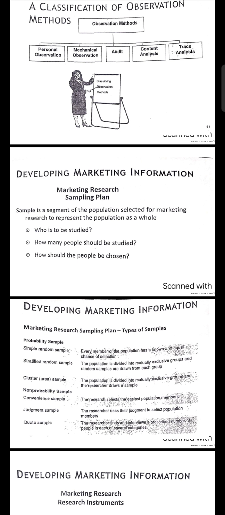So when you come to sampling, you decide who is to be studied, and how many people should be studied. That is the question of who and how many. And the third one: how should the people be chosen, what kind of group you choose.